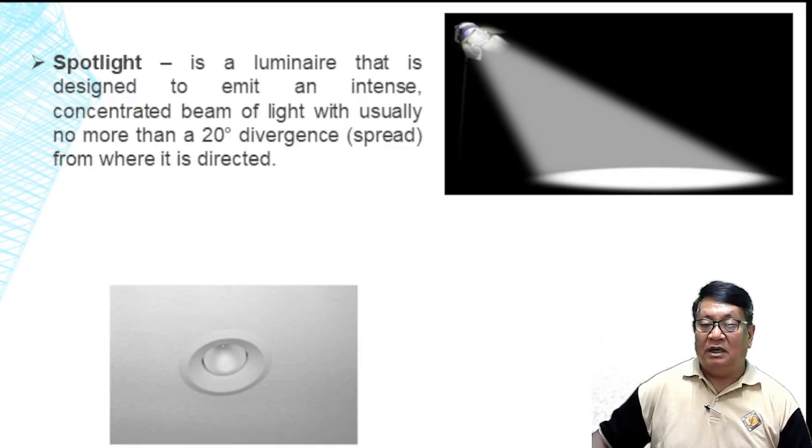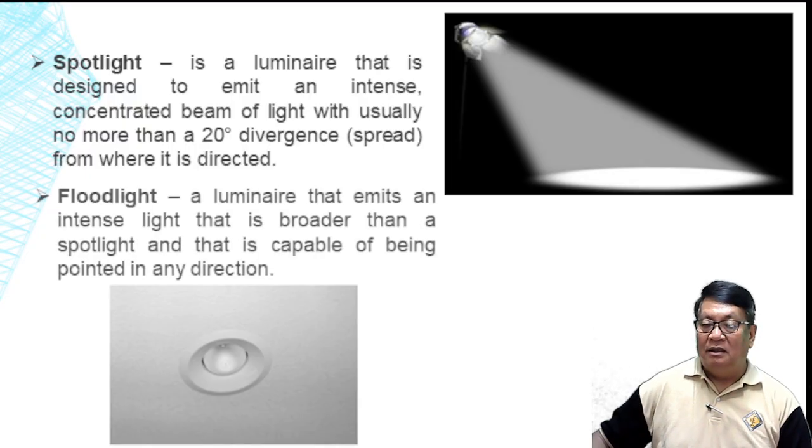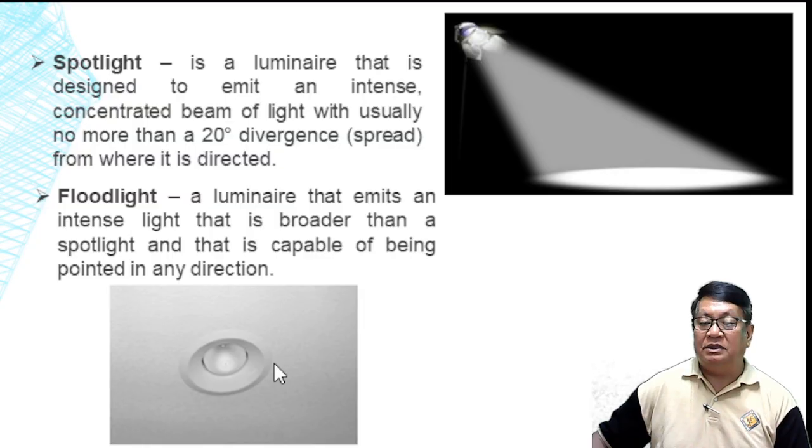It's a luminaire that is designed to emit an intense concentrated beam of light with usually no more than 20 degrees divergence from where it is directed. Then we have also the floodlights here, a luminaire that emits an intense light broader than a spotlight, and that is capable of being pointed in any direction.